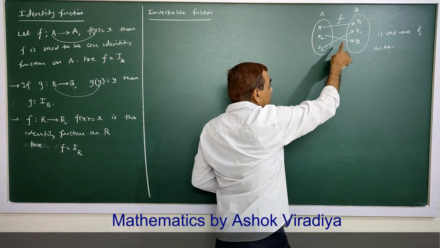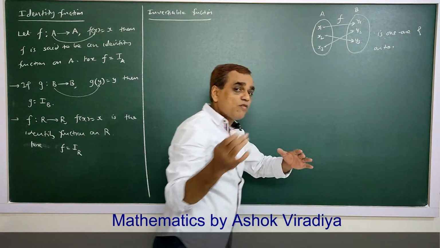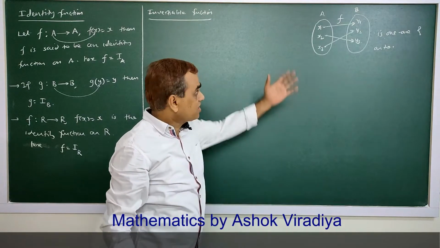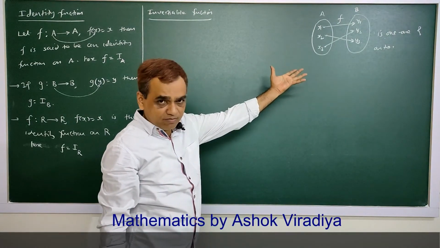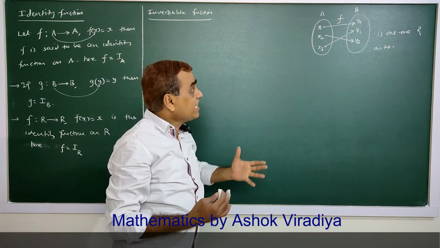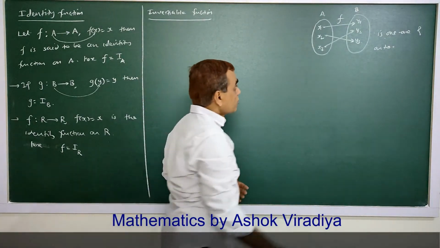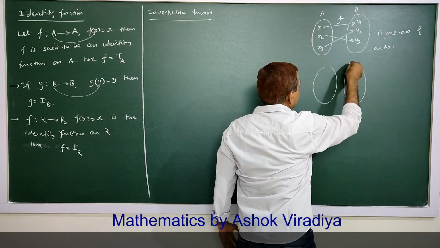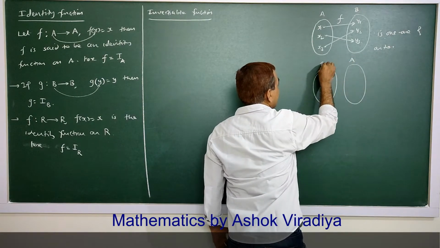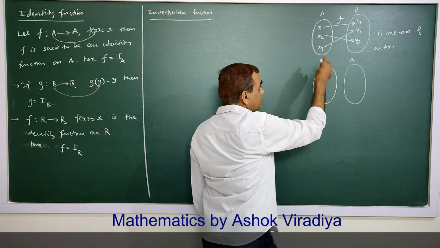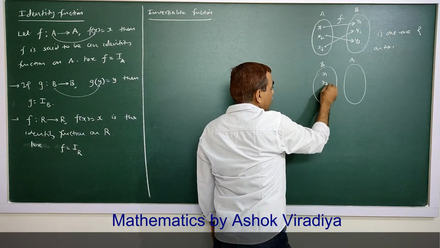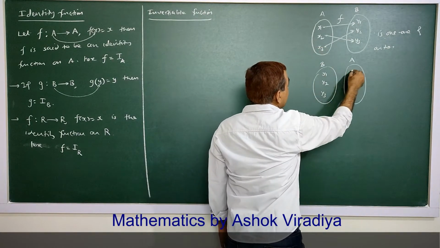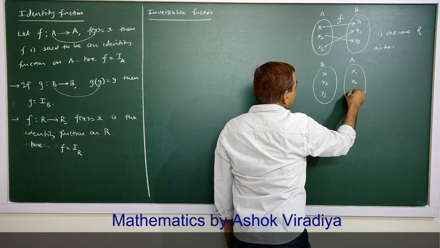When we show inverse of any relation, this relation is a function. Now we are putting its inverse relation. So that means from B to A, B is y1, y2, y3, A is x1, x2, x3.